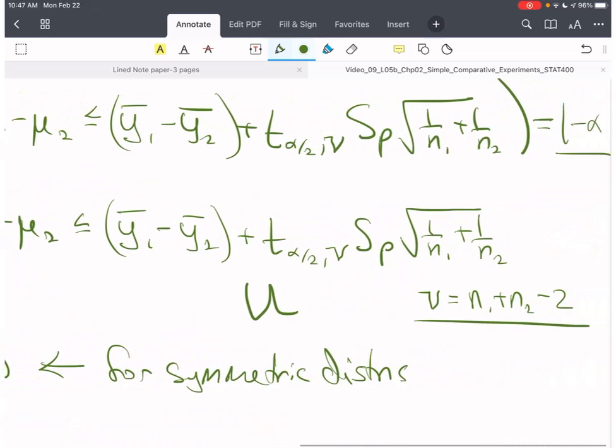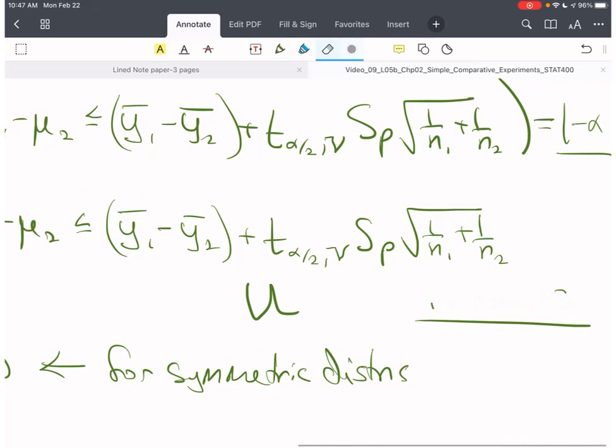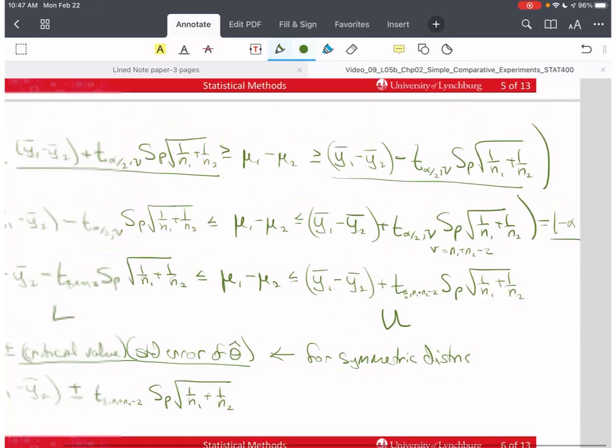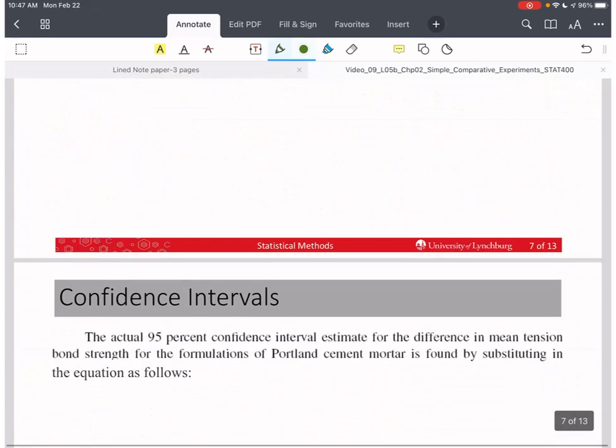And then I need to do it on this side as well, alpha over 2, n1 plus n2 minus 2, as the degrees of freedom. Here I can say nu equals n1 plus n2 minus 2. All right. So that is the derivation.